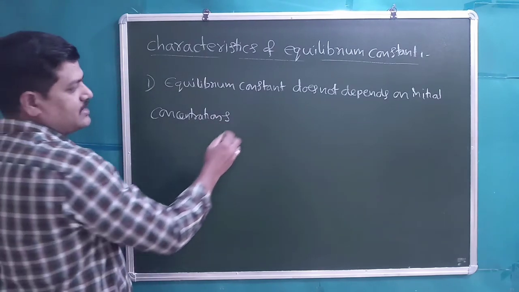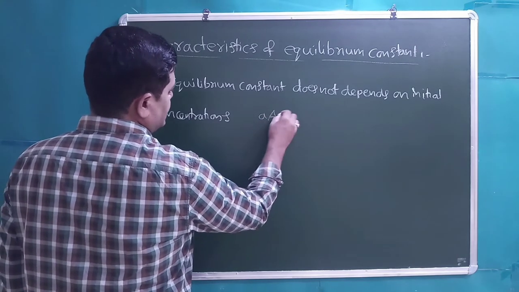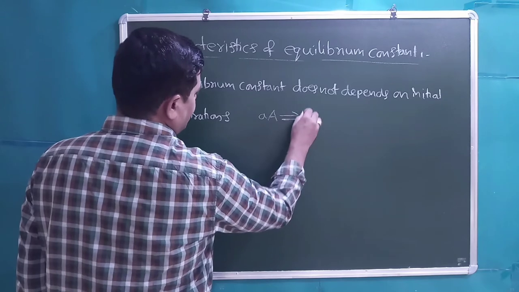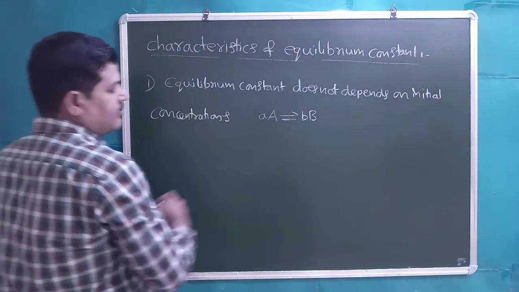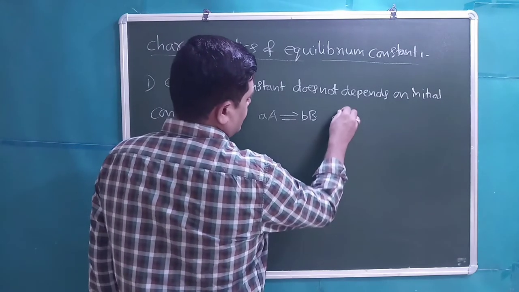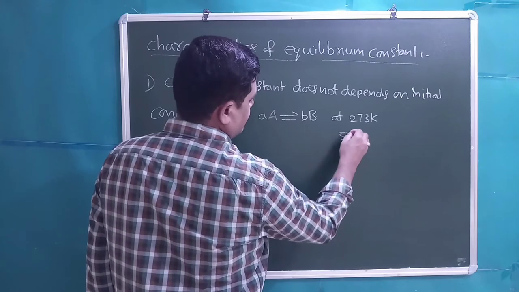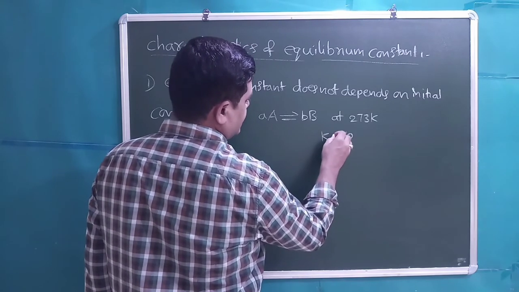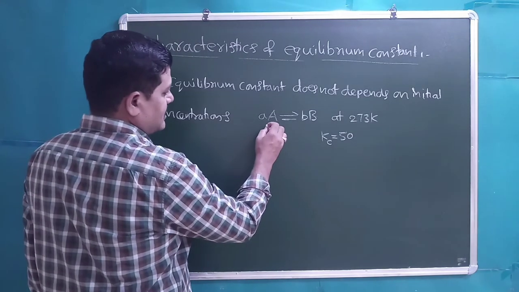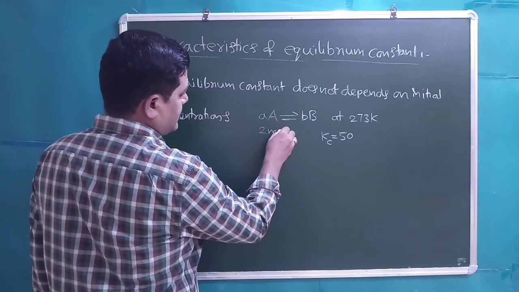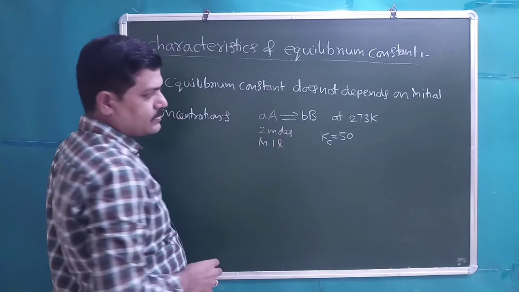Students, for example, consider a hypothetical reaction A in equilibrium with B. If the equilibrium constant Kc at 273 Kelvin is 50, let us assume that initially we started the reaction with 2 moles of A in a 1 liter vessel.